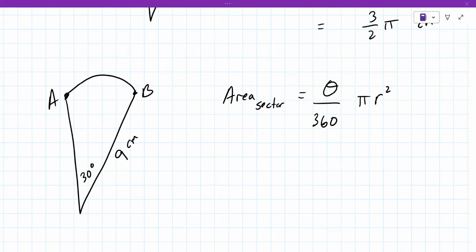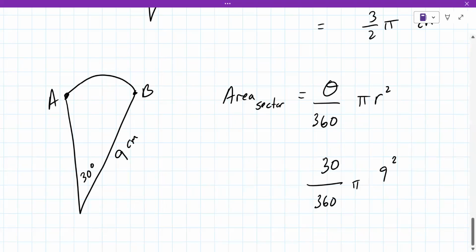Okay, so I'm taking the angle out of 360 pi r squared, so it's just going to be 30 again, correct? Yes. And then the radius is 9, so pi 9 squared.